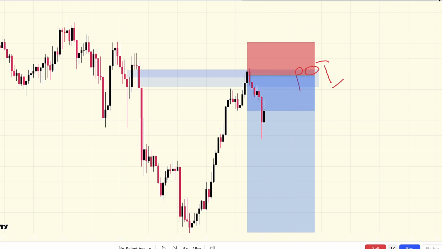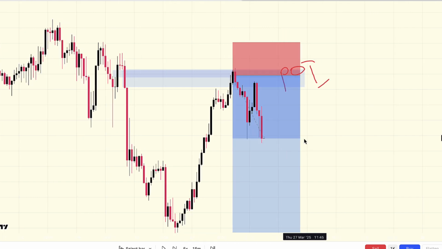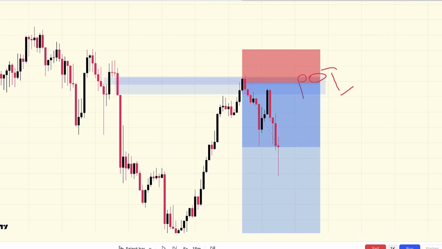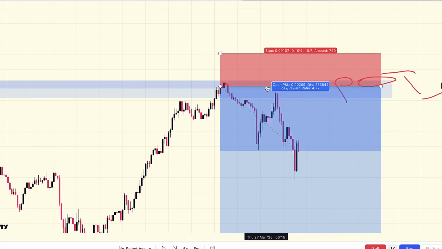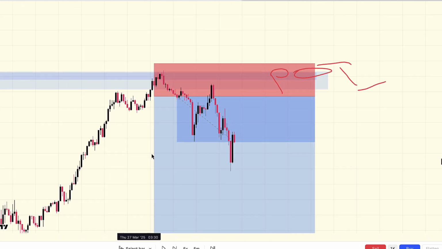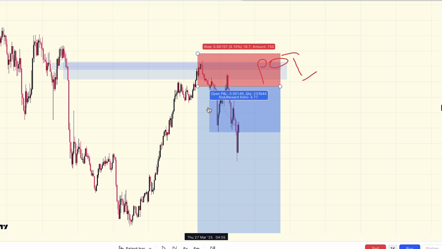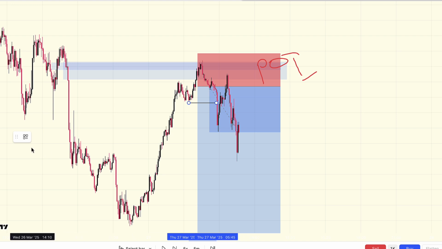Actually, the way I took it, I waited for a shifting structure on the lower time frame before I took the trade from 5 minutes. So I took the trade from here, after having a shifting structure with price coming back right up into that area. This was the shifting market structure on the 5 minute time frame, and I saw this massive displacement.